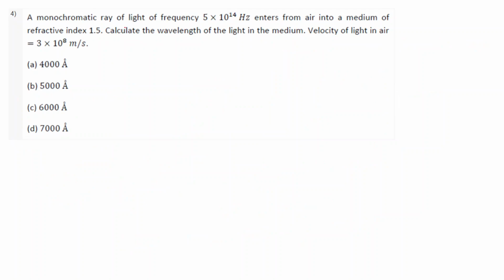Next question is, a monochromatic ray of light of frequency this enters from air into a medium of refractive index 1.5. So we have an interface situation. On one side we have air, on the other side there is some other medium which we have not been told. But the refractive index of this medium is 1.5 and the refractive index for air we know is 1.